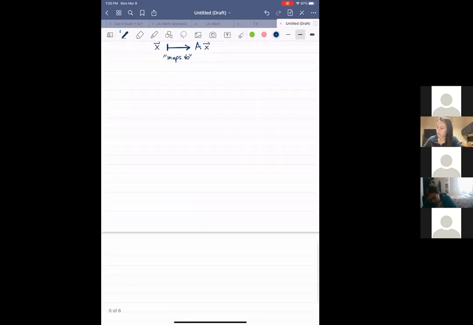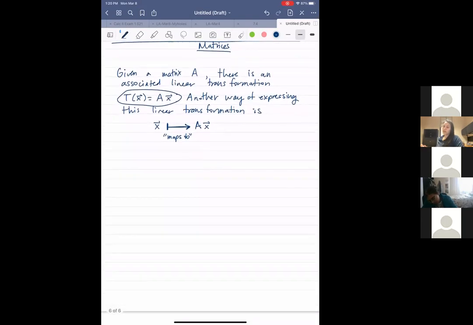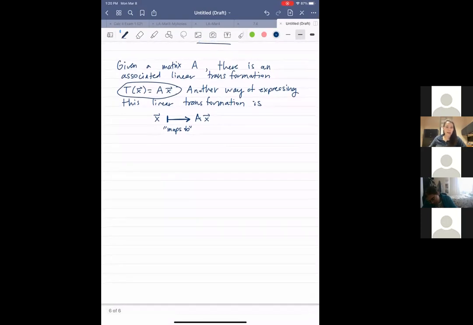Okay, so once we have that out of the way, we can now write down all of these equivalent statements that are in the invertible matrix theorem. Like I said, we're talking about n by n matrices.